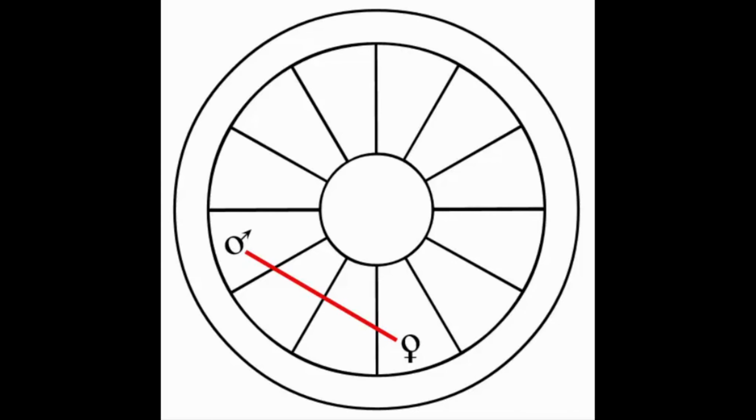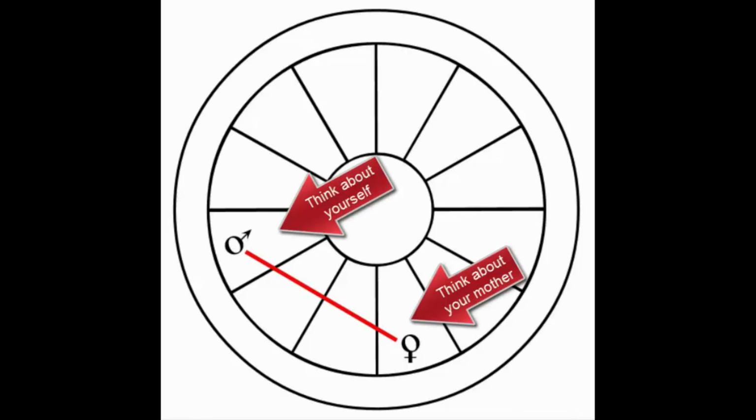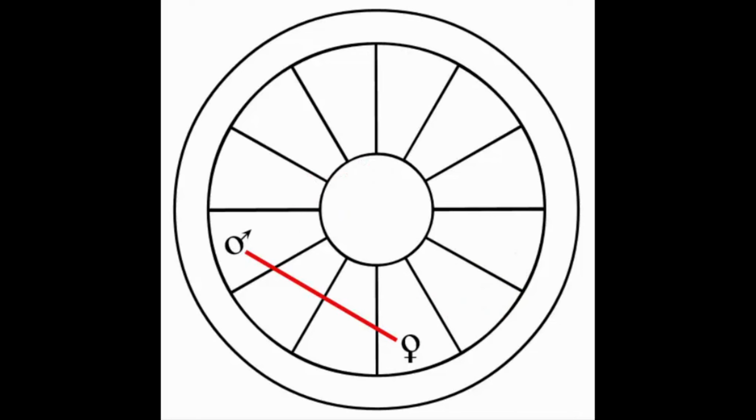Any aspect that you have either natally or by progression will do two things. It will, first of all, make you think about whatever the two planets rule. And then once you think about these two areas of life, you will have an emotion. If it's a good aspect, you will have a positive emotion. If it's a bad aspect, you will have a negative emotion.